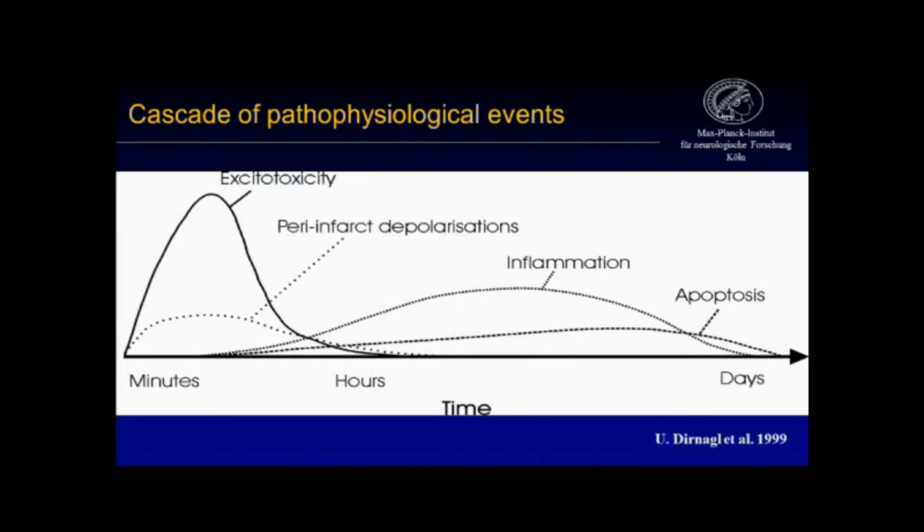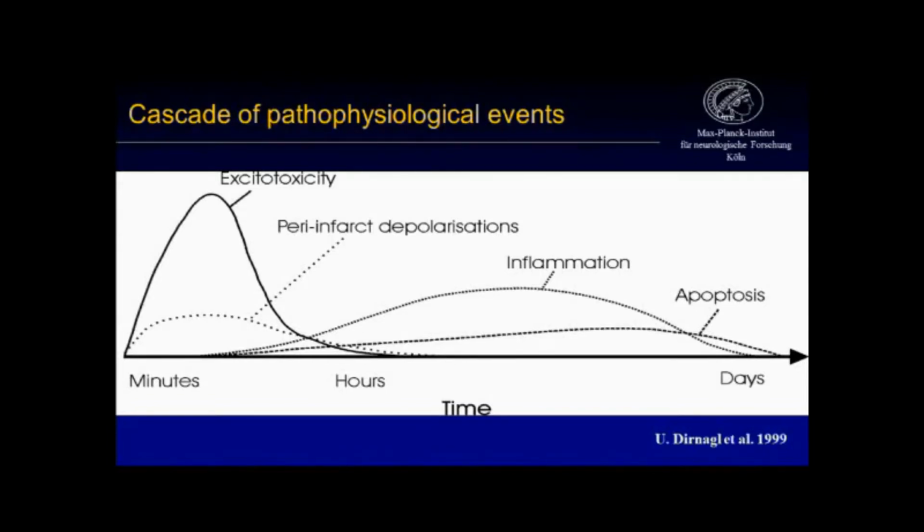Putting all this together, this has been described already a while ago by Dirnagl in this nice diagram, that you have to face various different time windows at which particular events take place. In the beginning, you have the excitotoxicity. This takes place within minutes, followed by peri-infarct depolarizations that are also considered to contribute to the severity and to the further spreading of the lesion.